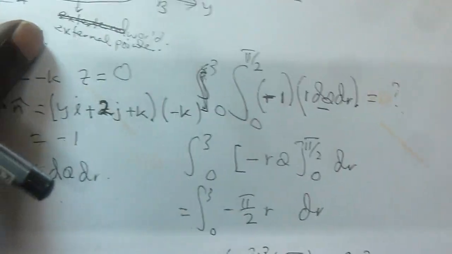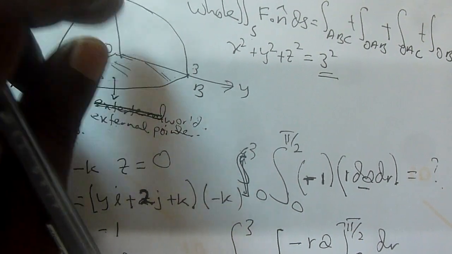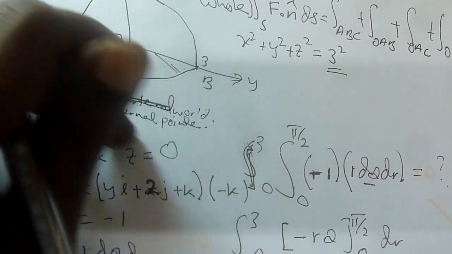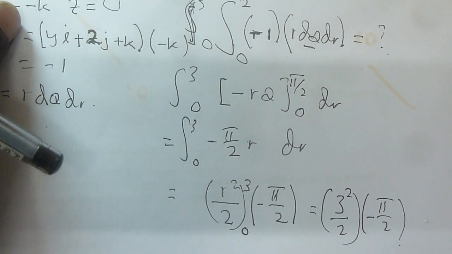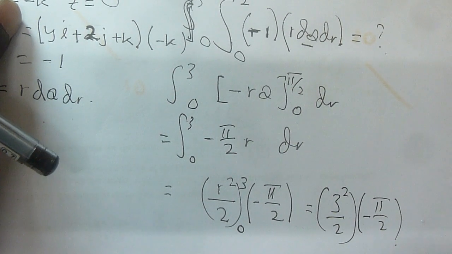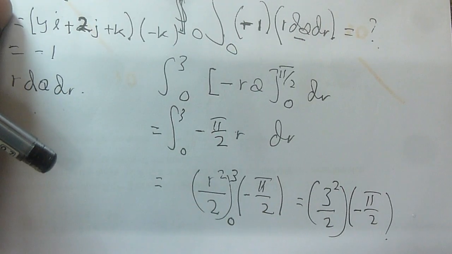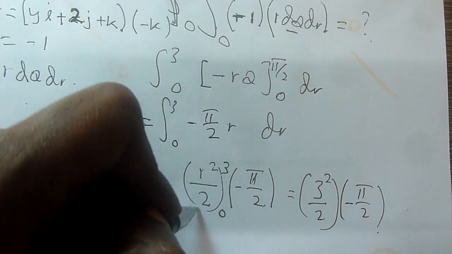You imagine that this is how you find out the formula for the whole spherical also. I don't have time to teach all these things, but this is how we can find out the whole, but let's concentrate on this first.